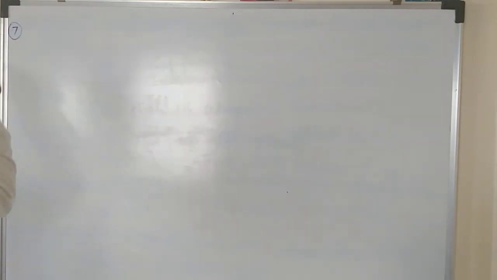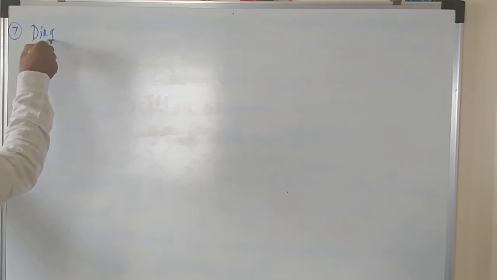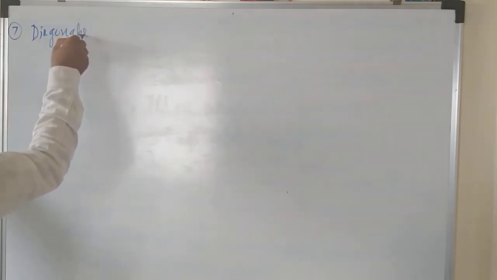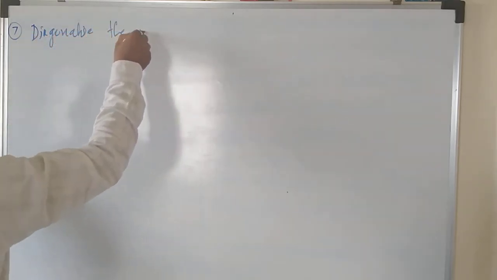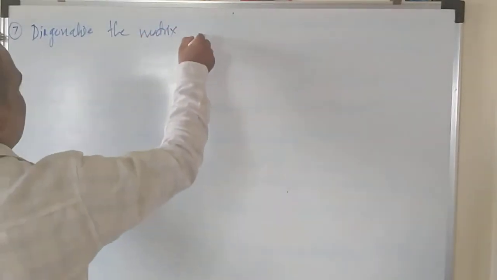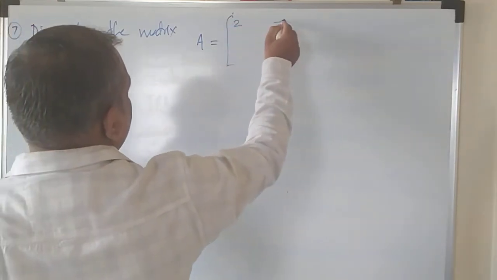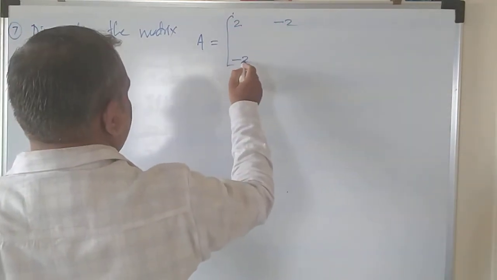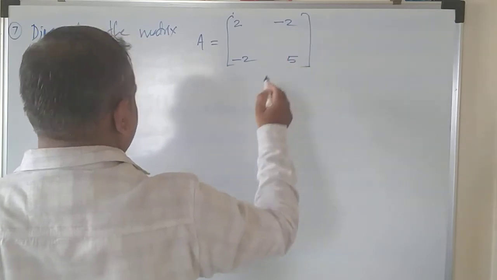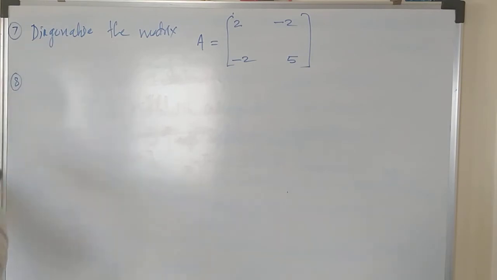Seventh. Diagonalize the matrix A equal to 2 minus 2 minus 2 5 8.